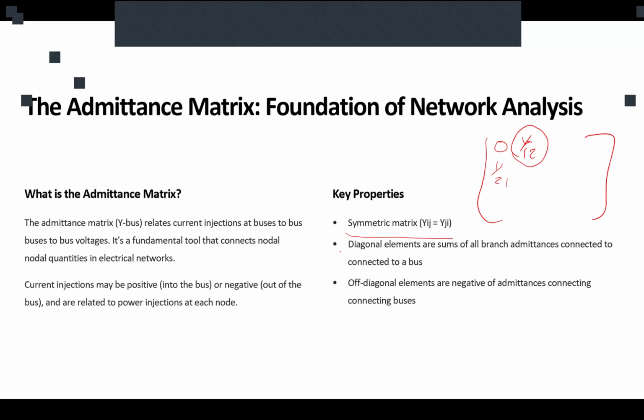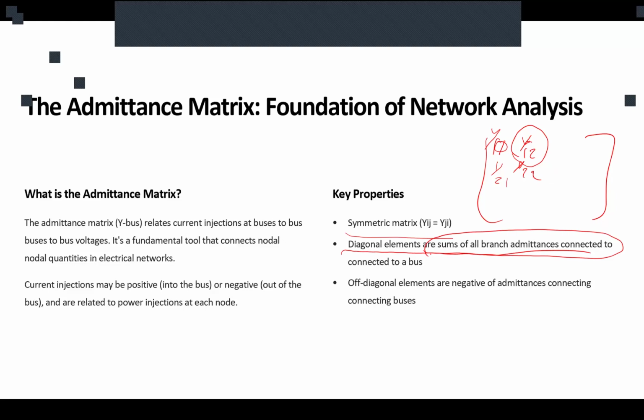Another property is that all the diagonal elements, for example here y11, y22, are going to be the sum of all the branches, all the admittances connected to that specific bus number.